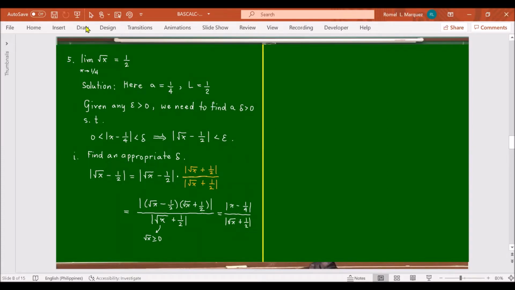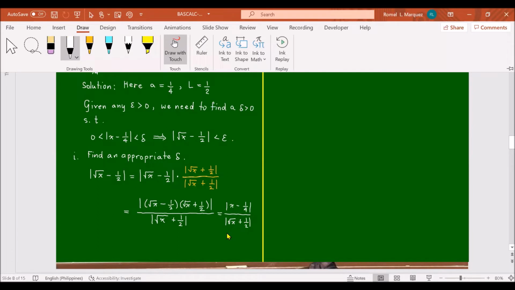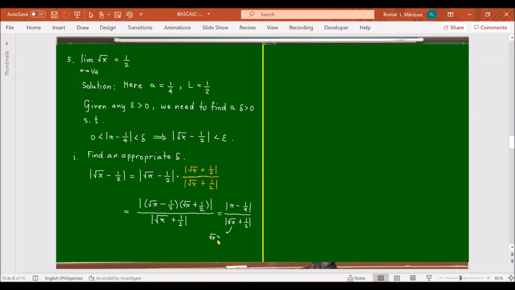So again, because this square root of x is always positive for all x that is greater than or equal to 0, that is the domain of square root of x, it is all right not to put the absolute value. And this is equal further to absolute value of x minus 1/4 all over square root of x plus 1/2. Okay, guys?